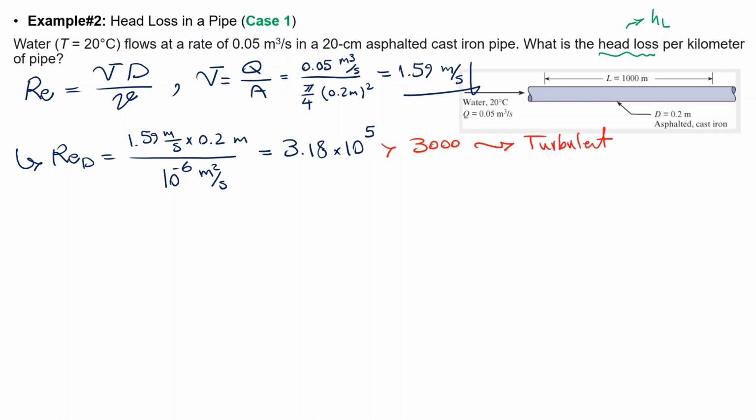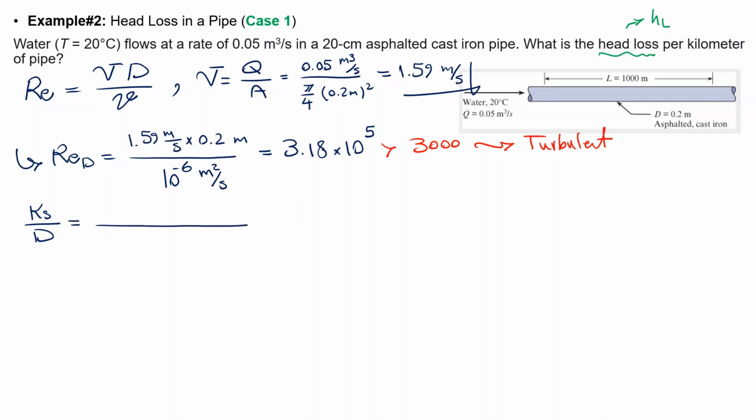So in order to find F to calculate HL, we need to use a Moody diagram, right? What I'm going to do is write down Ks over D, which is my relative roughness.